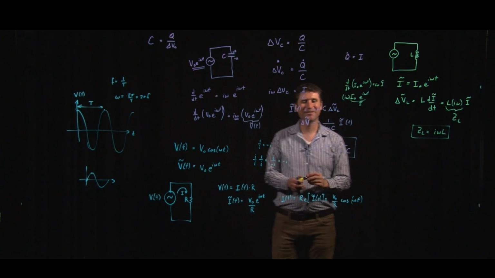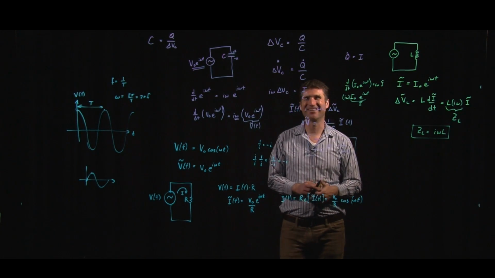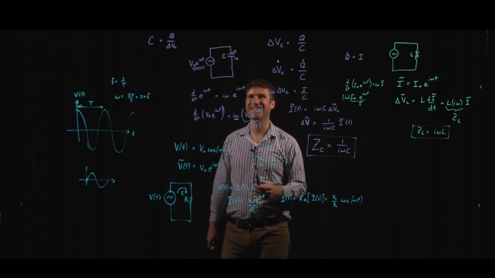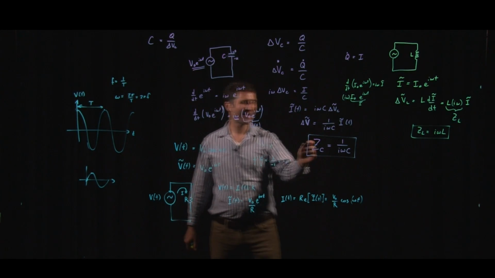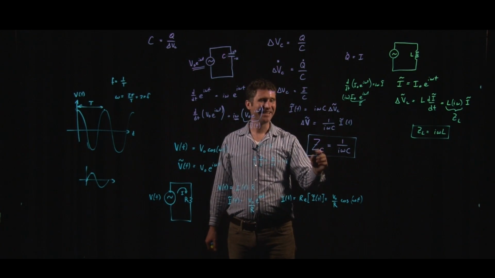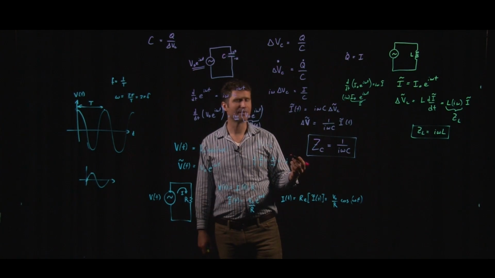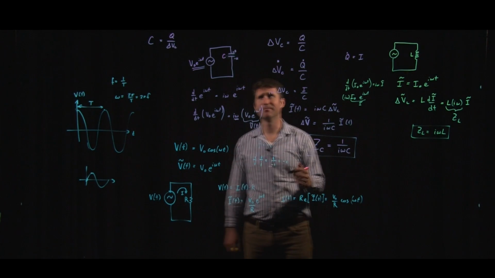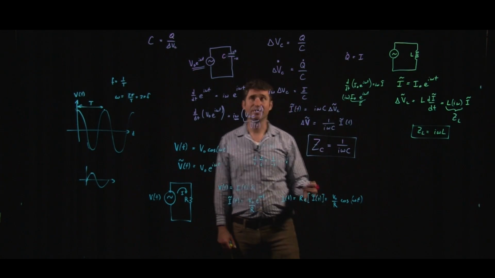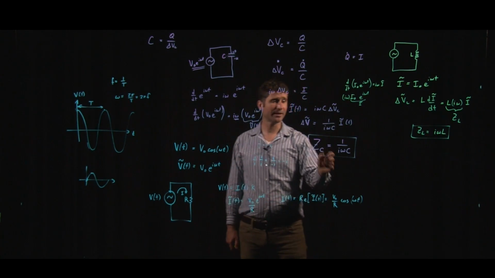Now, what do these actually mean physically? Well, let's go back to the case for the capacitor. If I have this Z_C and I want to figure out the current going through this capacitor as I'm varying the voltage, I can take a look directly.